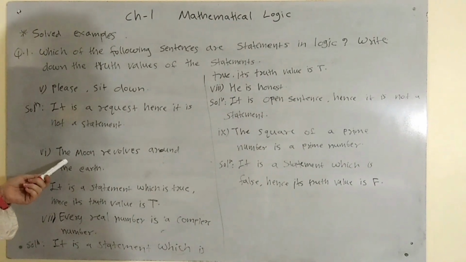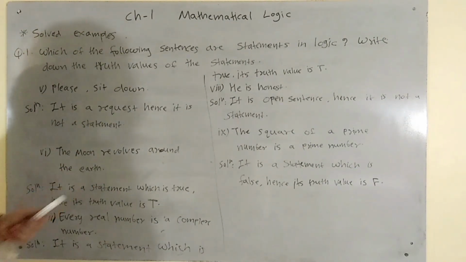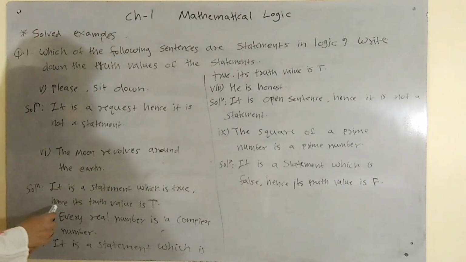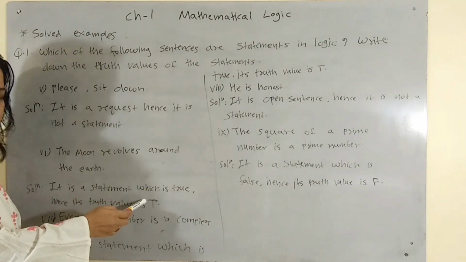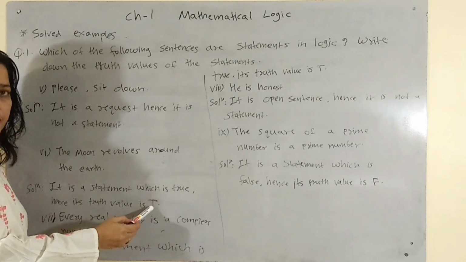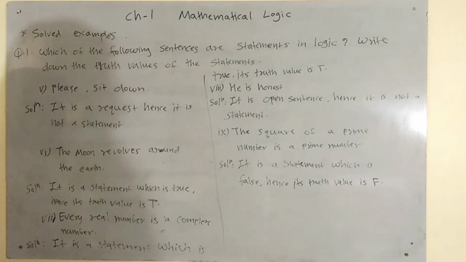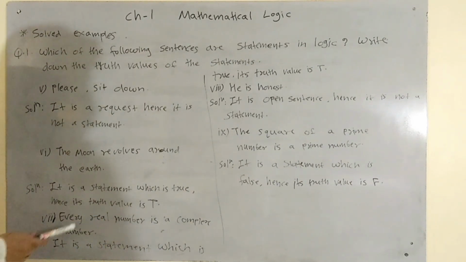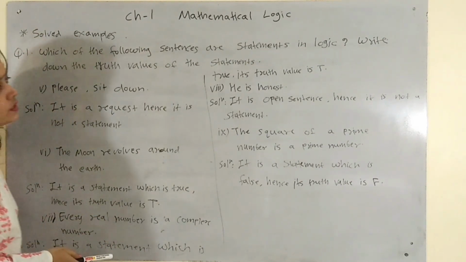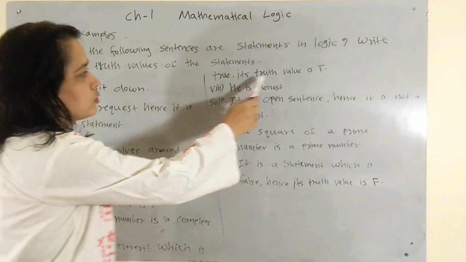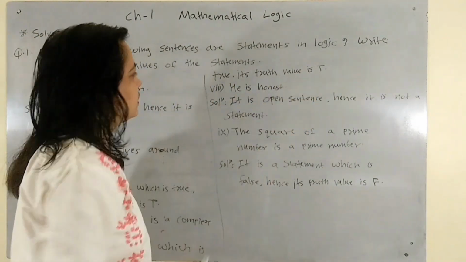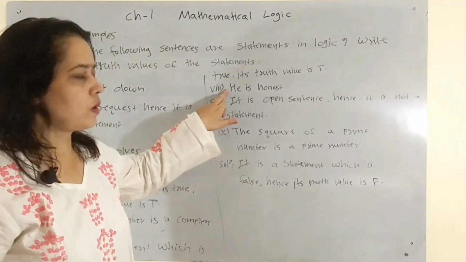Next example, the moon revolves around the earth. It is a statement which is true, so its truth value is true, denoted by capital T. Next example, every real number is a complex number. It is also a statement which is true, hence its truth value is T. Next, he is honest.